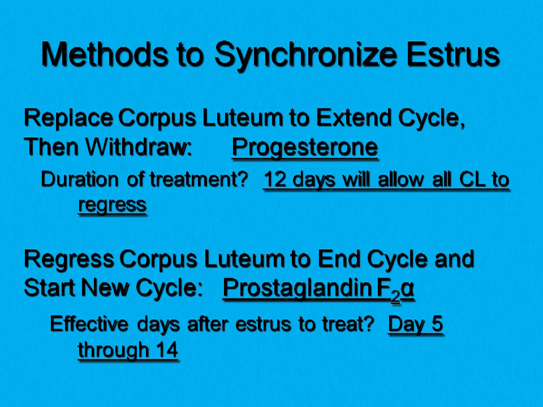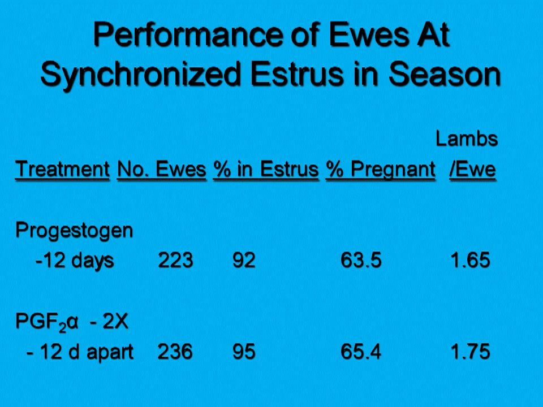But a single injection will cause regression from day 5 through 14. And after 14, those ewes are going to come to estrus anyway. They're already on the way. So that gives us the basis for studying whether these hormones can be used effectively and for ultimately using them.